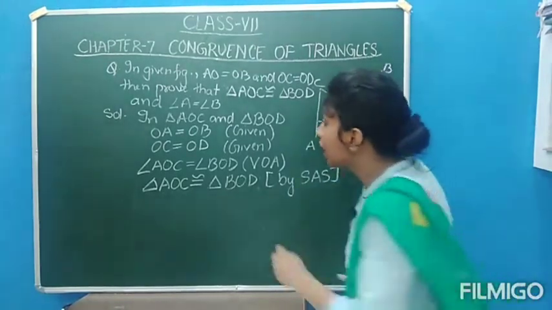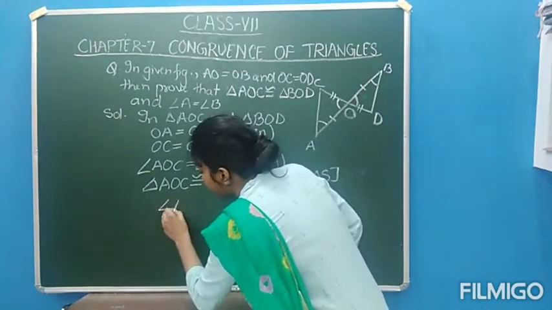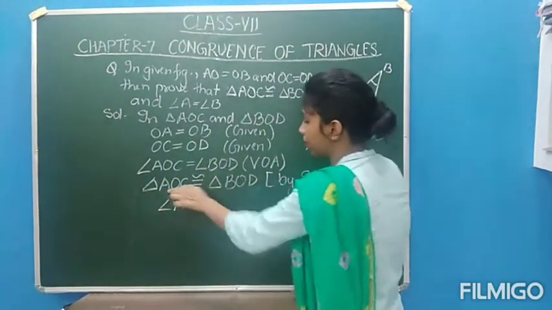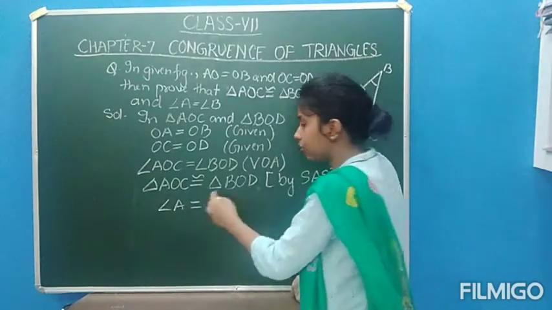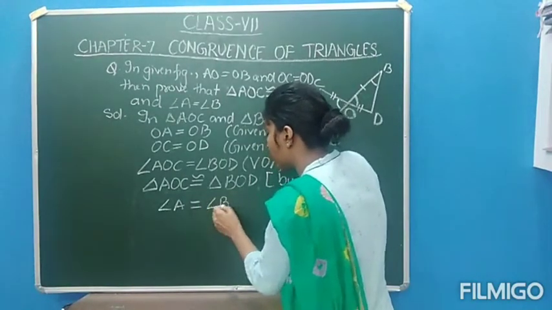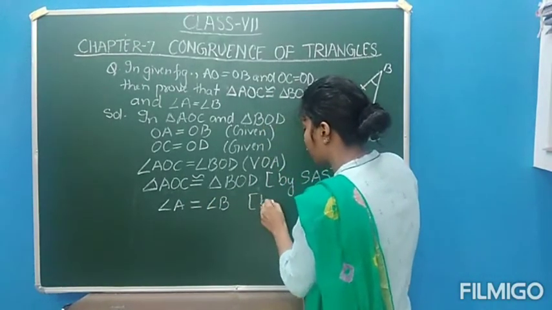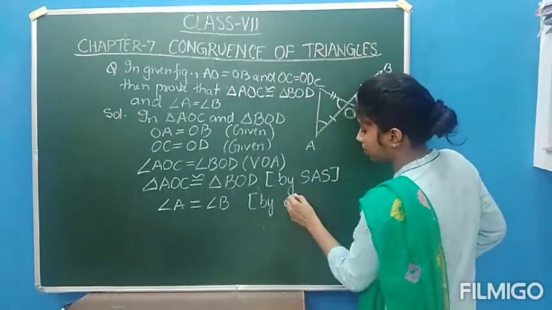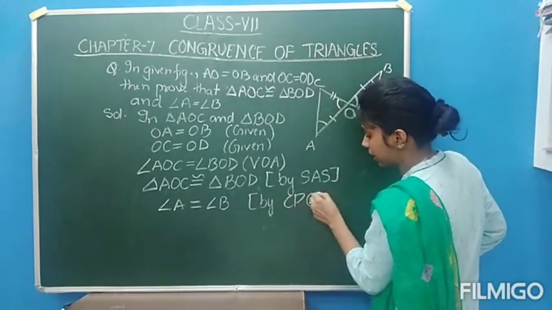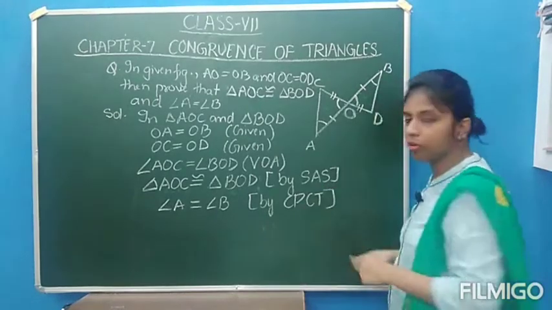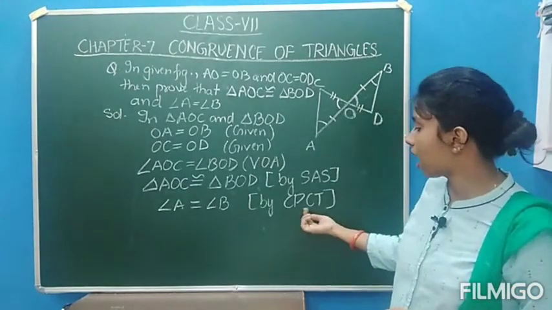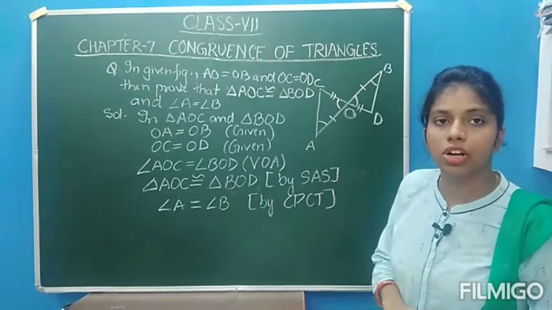So let's use it. We have angle A at the first place, so angle B is also at the first place, then they are equal. Why? We have to write here the reason, by CPCT. The full form of this CPCT is corresponding part of congruent triangle.